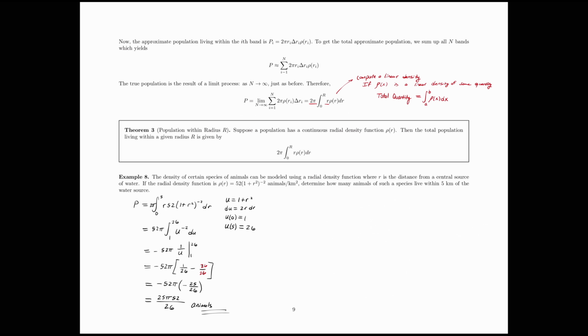If we do that, 25 times pi times 52, divided by 26, I'm going to do a little aside here. This is about 157.08. If we round to the nearest whole number, an integer, this is going to be 157 animals.